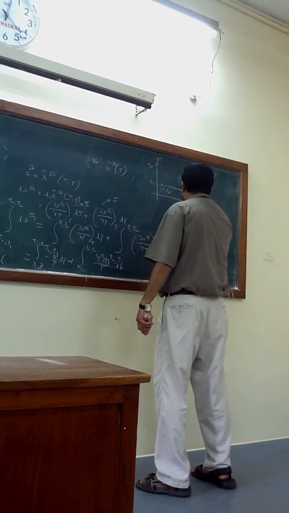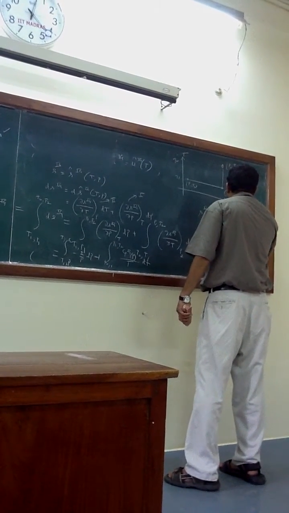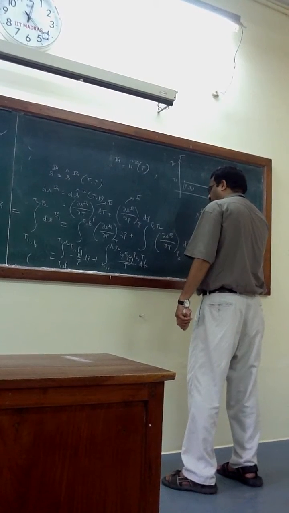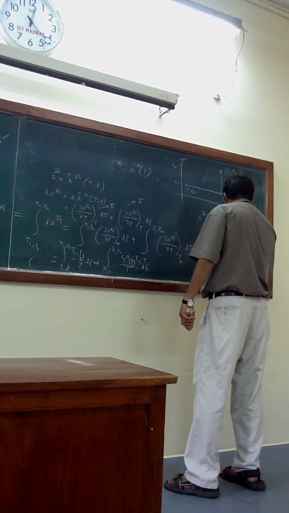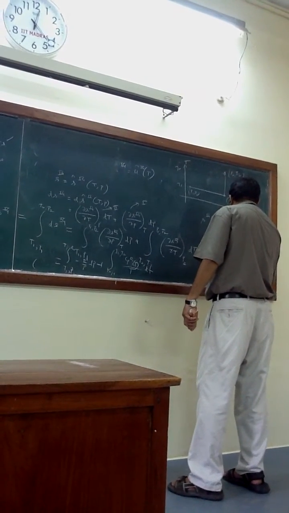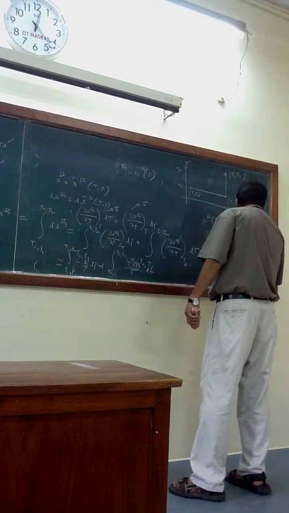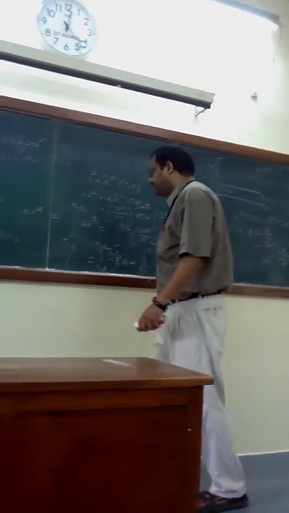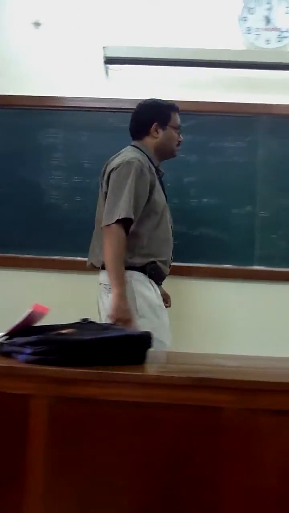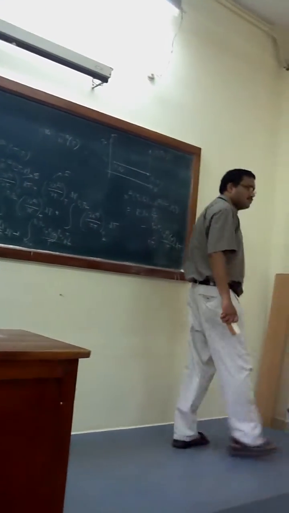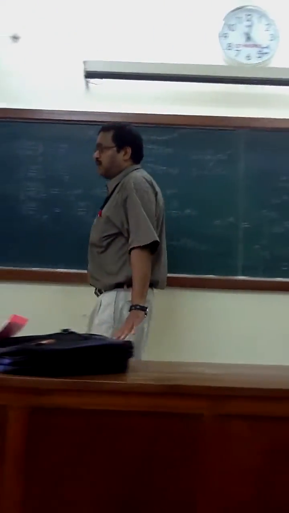So S^ig at P2, T2 minus S^ig at P1, T1 is R ln P2 by P1 minus the integral from T1 to T2 of Cp^ig by T dT at P2. So this is the way. If you are in the ideal gas regime, you can calculate.